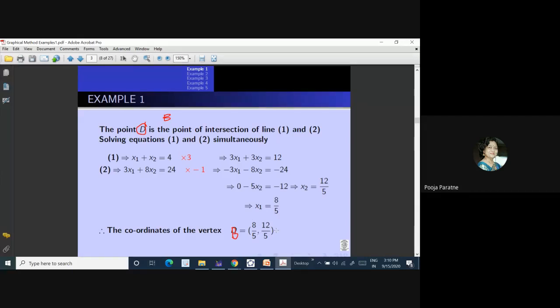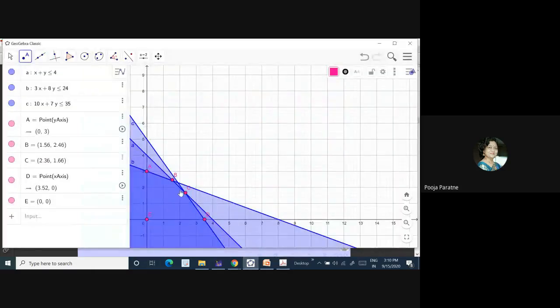Right. So we calculated for C as well as for B. From the graph we checked that B is the point of intersection of lines 1 and 2. We considered the corresponding equations, solved them simultaneously and got the point of intersection B. Also for C, C is the point of intersection of line A and C, that is 1 and 3.